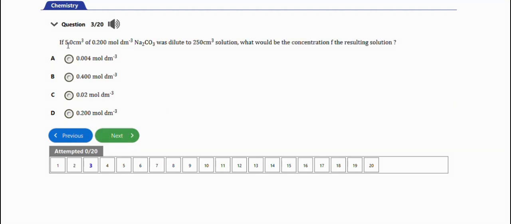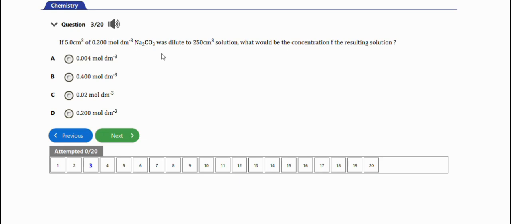It says if 5.0 cm cube of 0.2 mole per dm cube sodium carbonate was diluted to 250 cm cube solution, what would be the concentration of the resulting solution? Alright, so for this kind of problem, the formula you will simply apply to solve it is C1V1 equals C2V2.